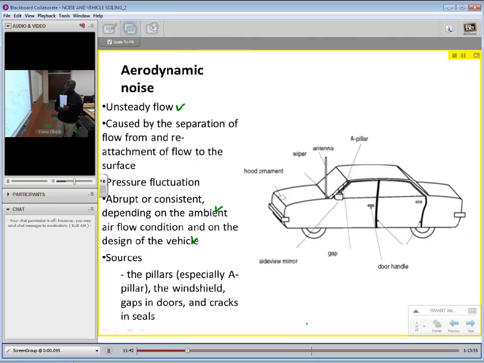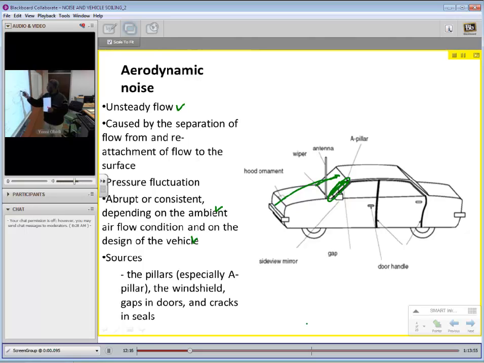What are the sources of noise in a ground vehicle? Let's look at the car, for example. Well, this is the A-pillar. As the flow is coming, around here you have separation of flow. It's just by design. So this is a culprit in noise generation, a source of noise. We of course have the windshield.